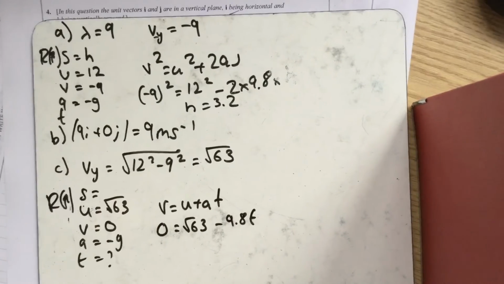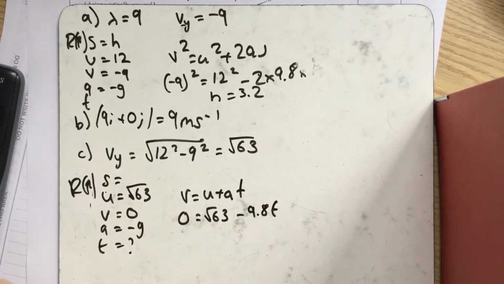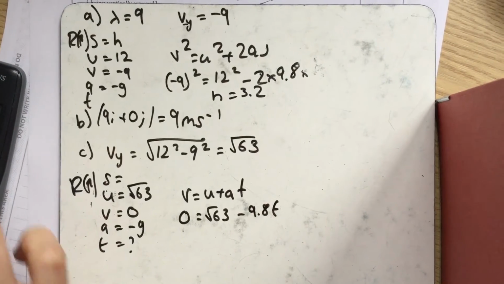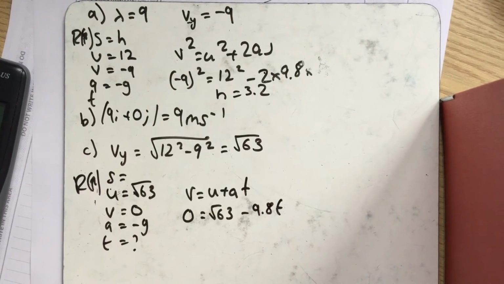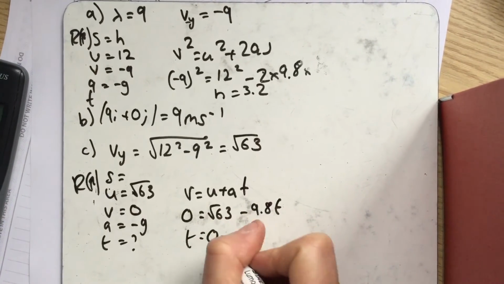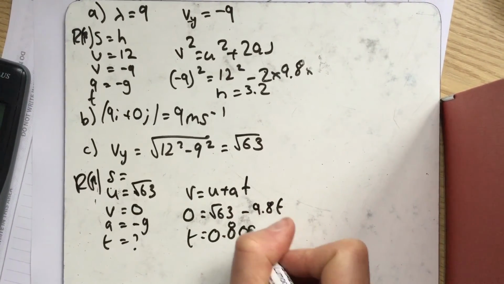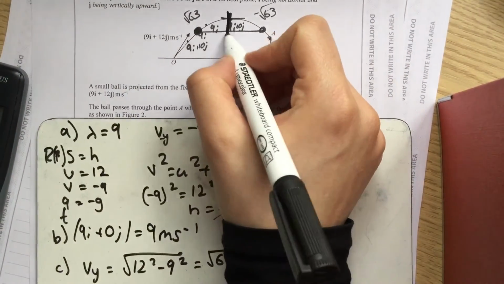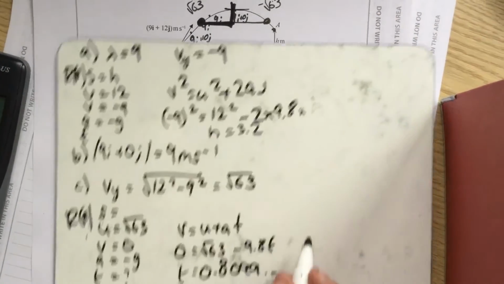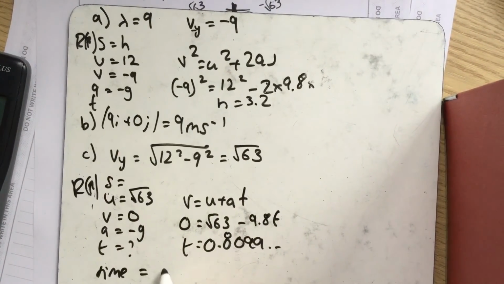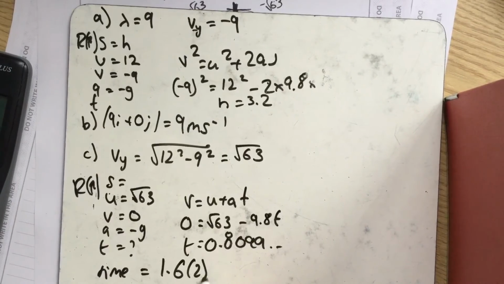When I do that, I get root 63 divided by 9.8, which gives me an answer for t of 0.8099. Like I said, that was just the distance between here and here, so I then double it. So time equals 1.62 seconds.